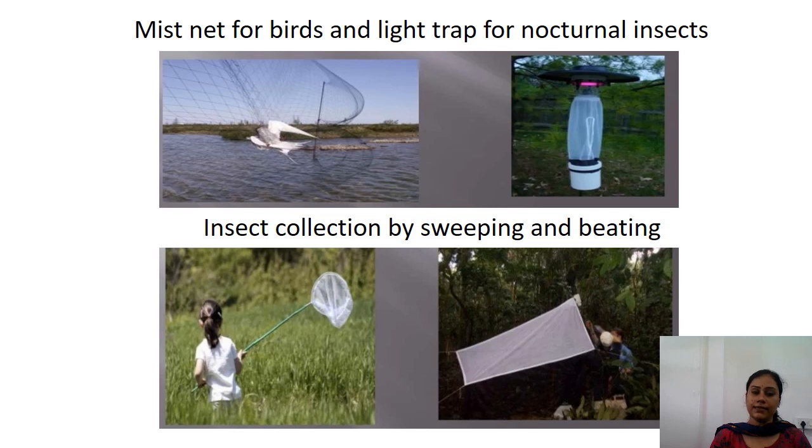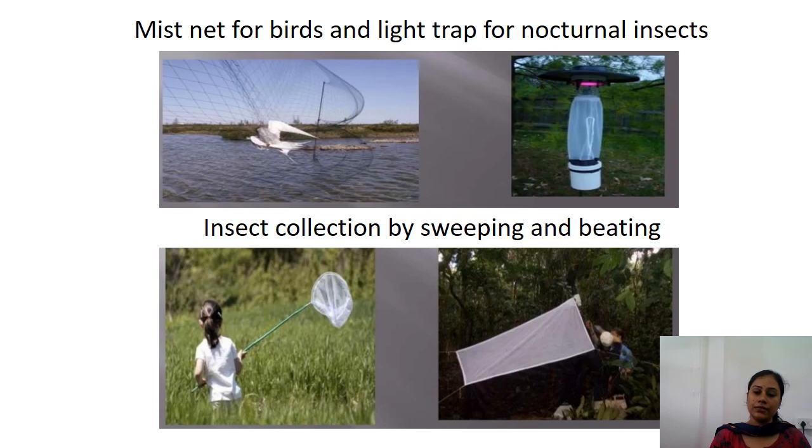Along with all the insect nets, there is another kind of net which is used to collect birds, also called a mist net, which you can see in the first photograph. Then in the next photograph you can see a light trap, which is used to collect nocturnal insects.